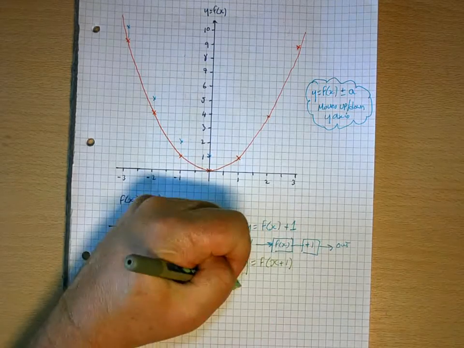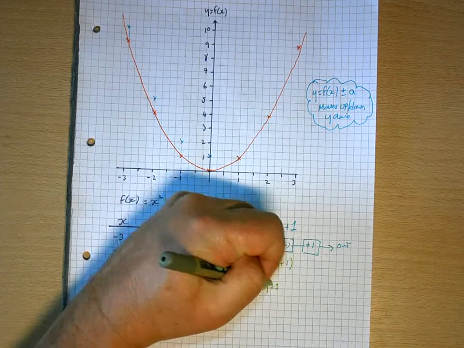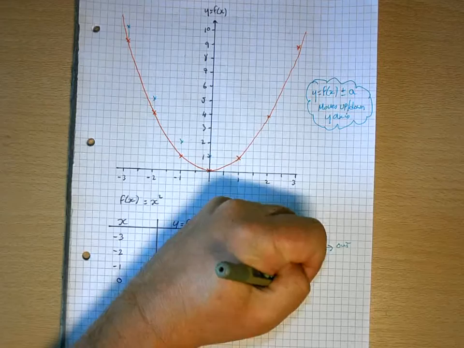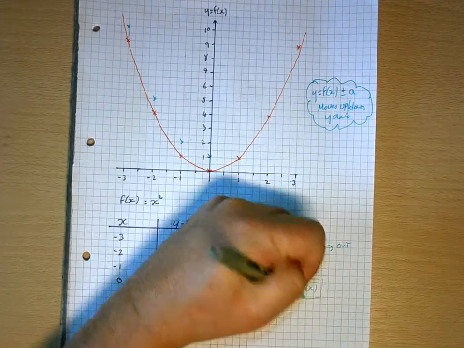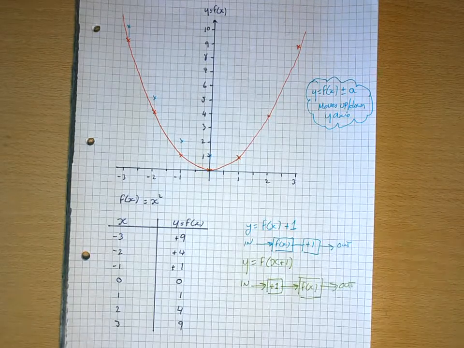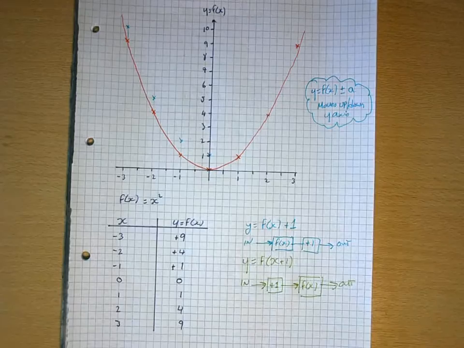So as a box, as a number machine, that's doing this. So it's adding 1 to your input before working that out.